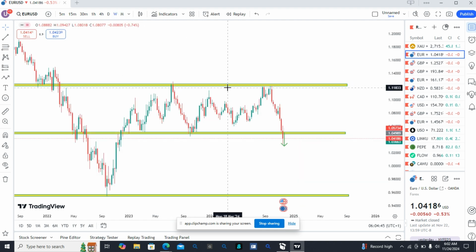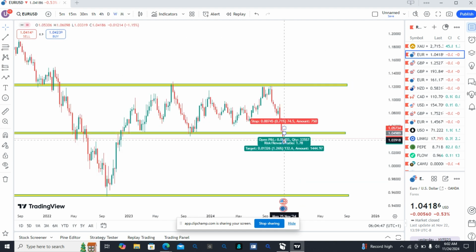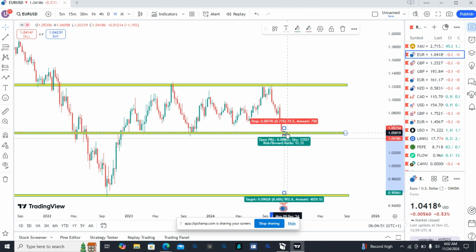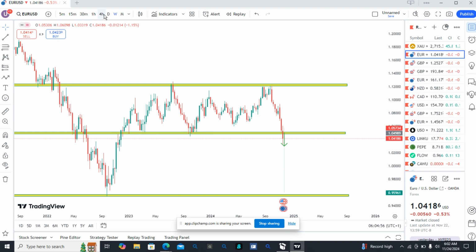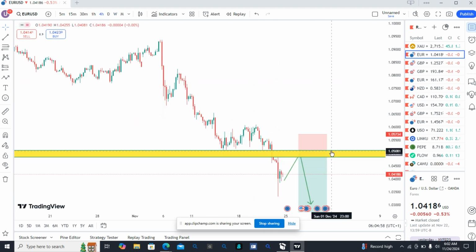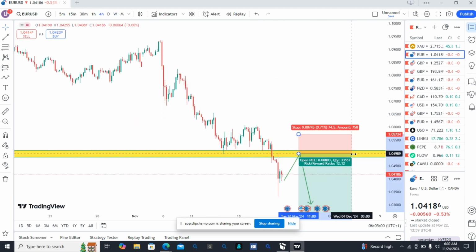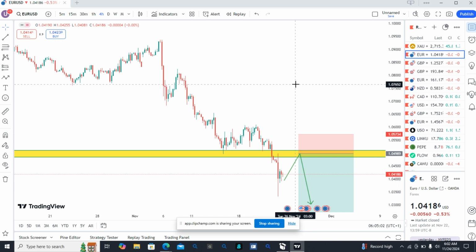Remember, our target is to sell this market down to where? Down to this weekly zone. That is our target. I hope you can see it. So we have a very good potential trend on Euro USD.